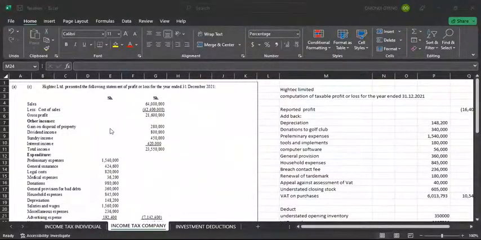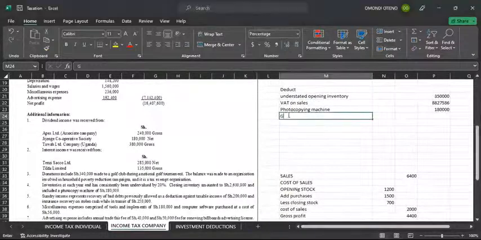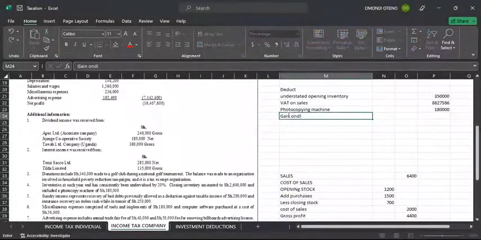After gross profit, there are normally other incomes. So the first item under other incomes, we have gain on disposal of property. That is fixed asset or non-current asset. The disposal of any non-current asset, if it is an income, it should not be used to increase your taxable income. And therefore, we are going to subtract gain on disposal of property.